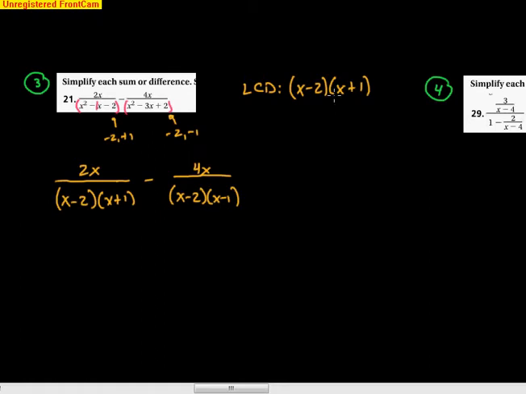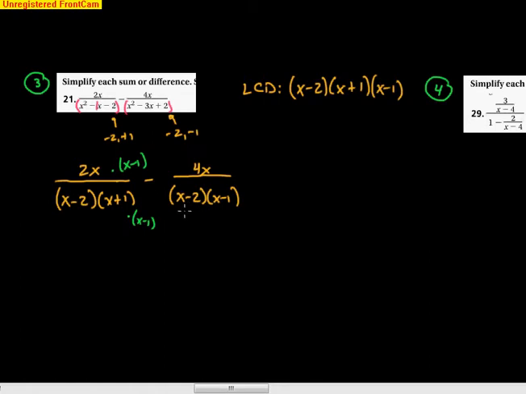X minus 1, is it already there, or do I need to write it down? Well, it's not already there, so I need to write it down. And this is my LCD. (x minus 2)(x plus 1)(x minus 1). So now, what is each denominator missing? What is this denominator missing? Well, it's missing the x minus 1. Multiply by x minus 1. If I do it on bottom, I've got to do it on top.